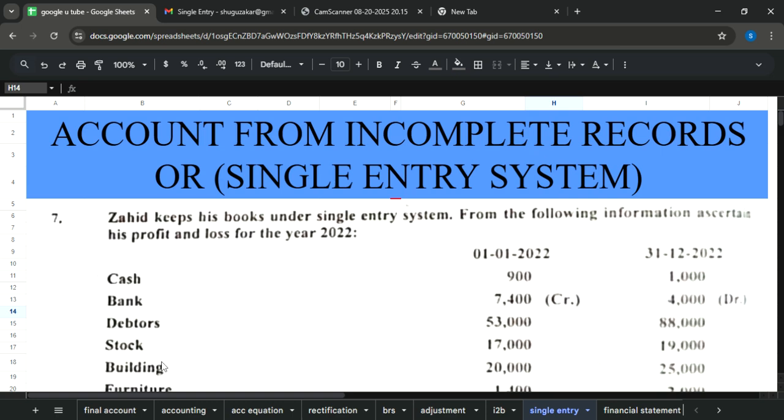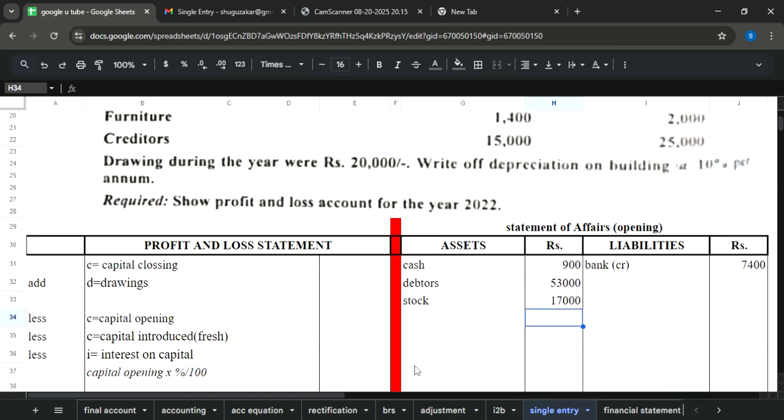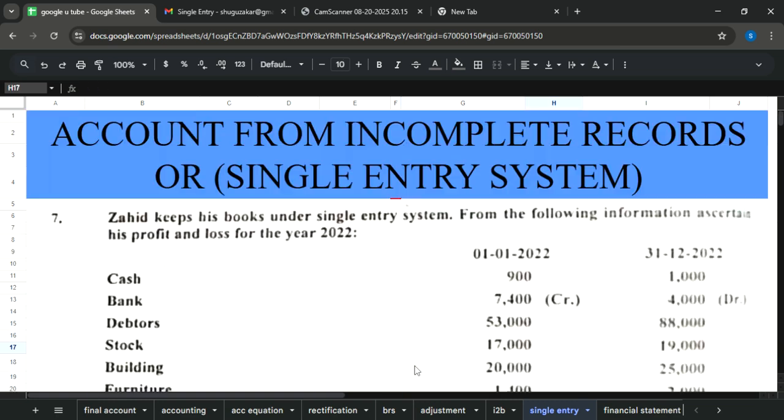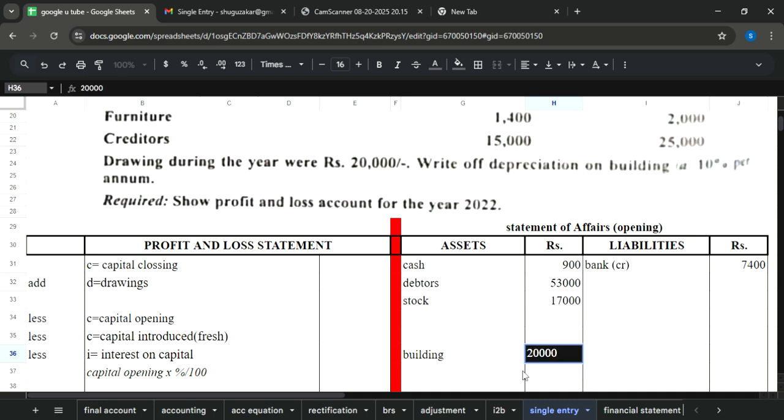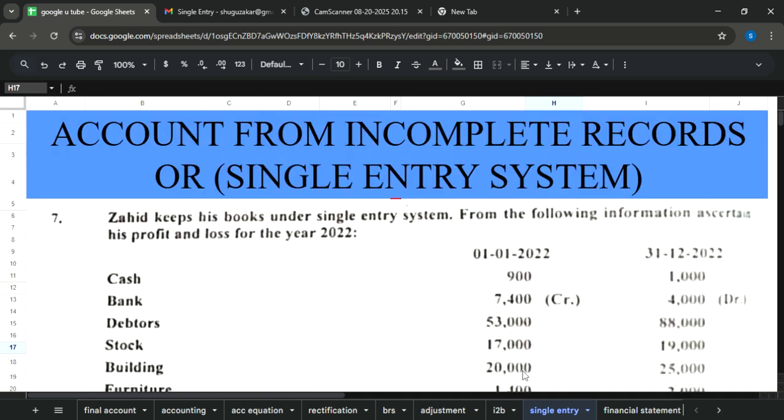After stock we have building. Building is your fixed asset, with a little difference, because it is your fixed asset. So here just correct our spelling. Amount of building present is 20,000. Write down 20,000 in the opening asset side.